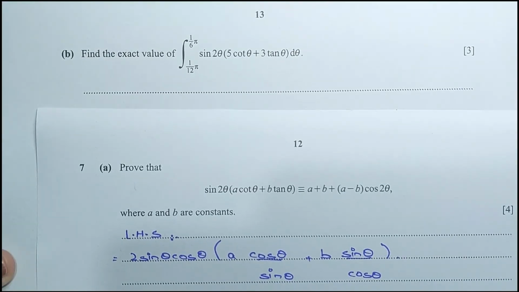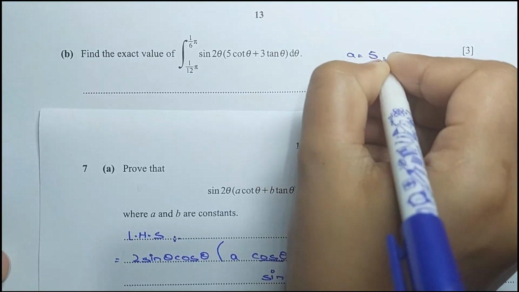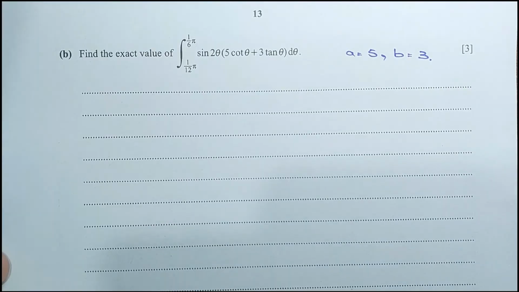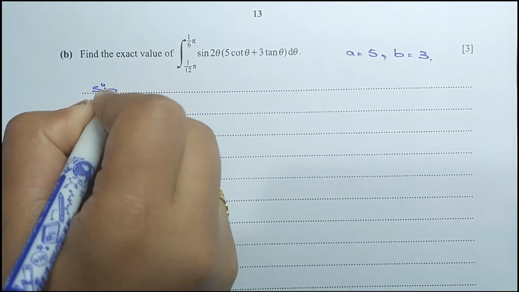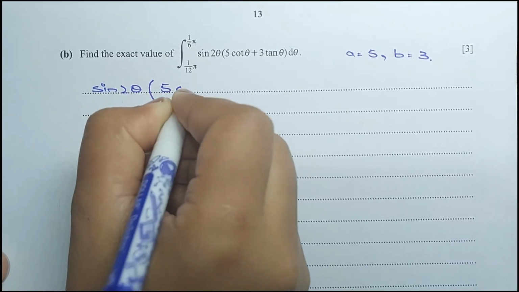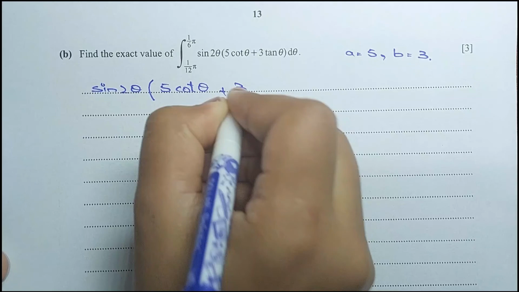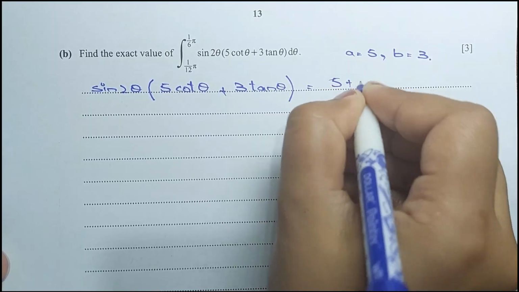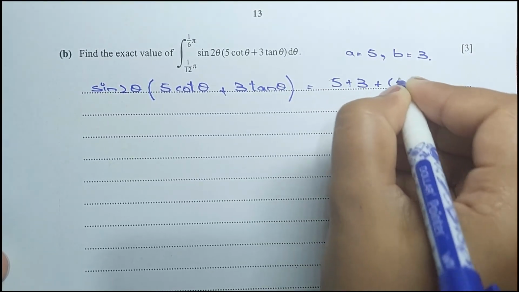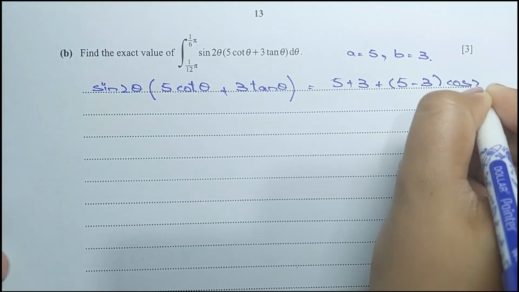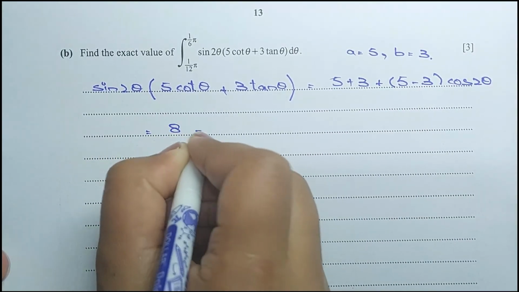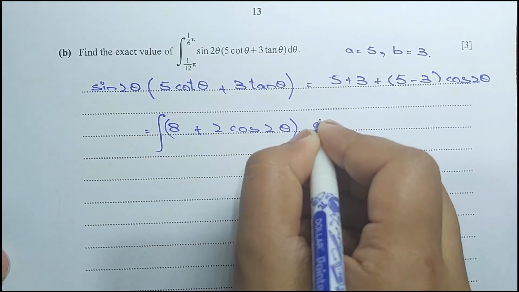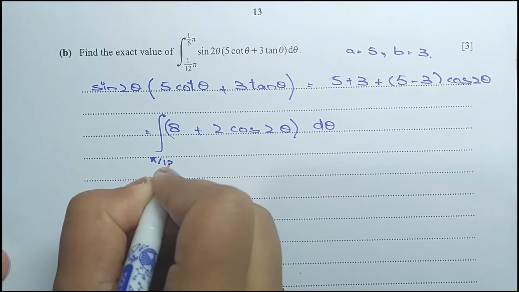Let me write down a equals 5 and b equals 3. So sine 2 theta into 5 cot theta plus 3 tan theta equals a plus b, 5 plus 3, plus bracket a minus b cos 2 theta. Now we have 8 plus 2 cos 2 theta. Let me integrate with respect to d theta, and the limits are from pi by 12 to pi by 6.